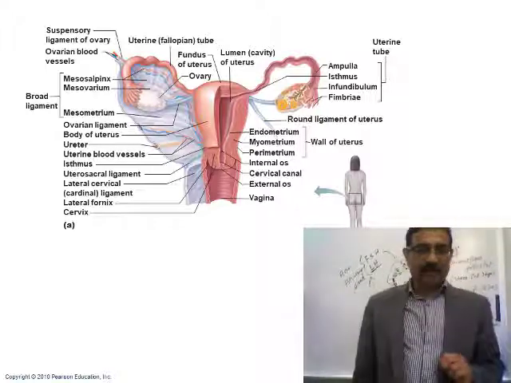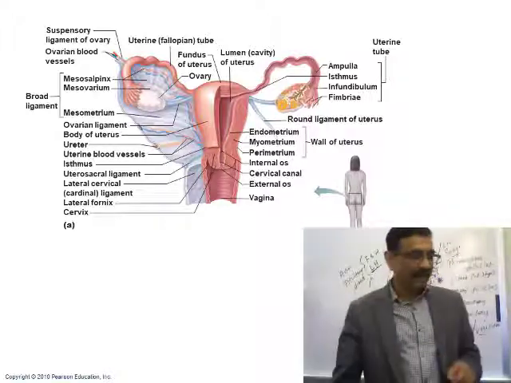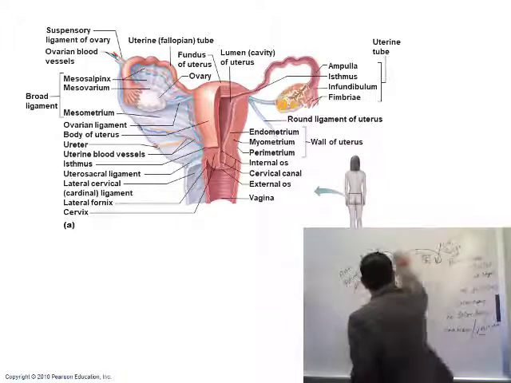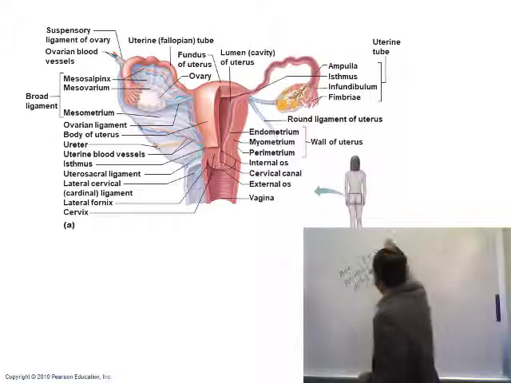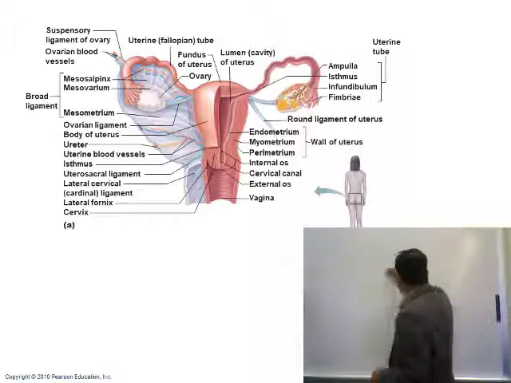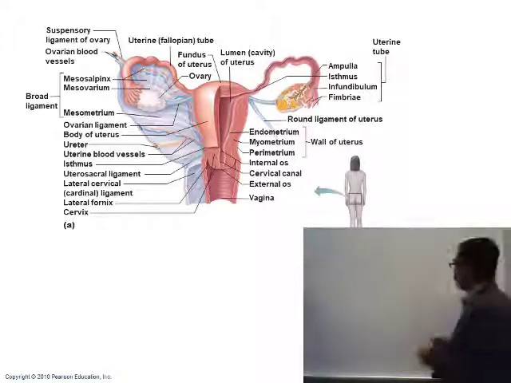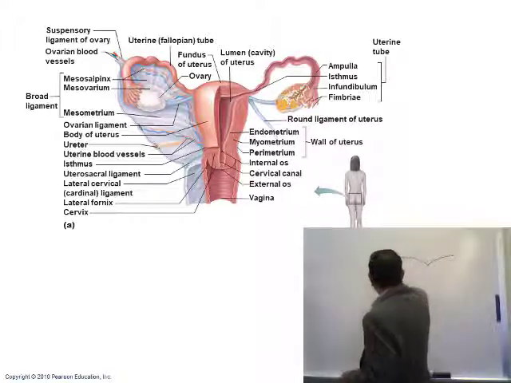Now after fertilization, what happens? The fertilized egg starts to move towards the house. House is what? Who is the house? Uterus. I mentioned it in my first few minutes. So let me draw.